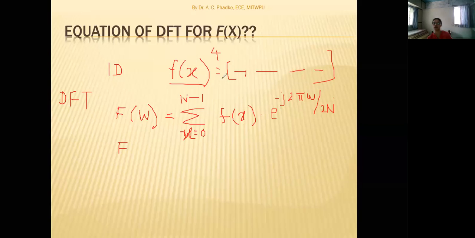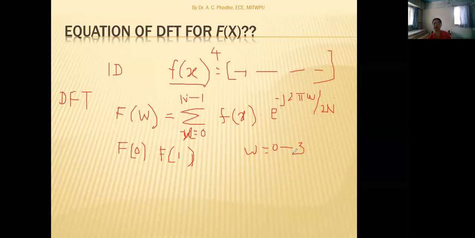So corresponding to 4 input samples, you will get 4 frequency coefficients, F0, F1, F2 and F3. So w varies from 0 to 3 if we consider N as 4.